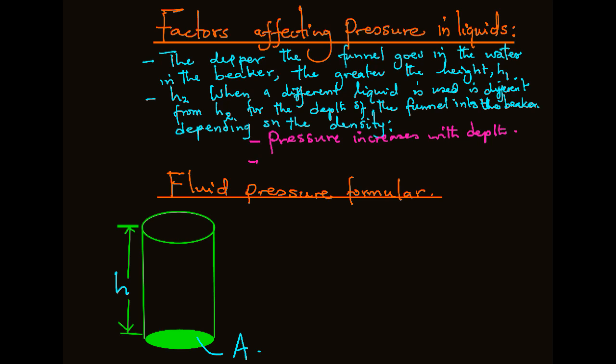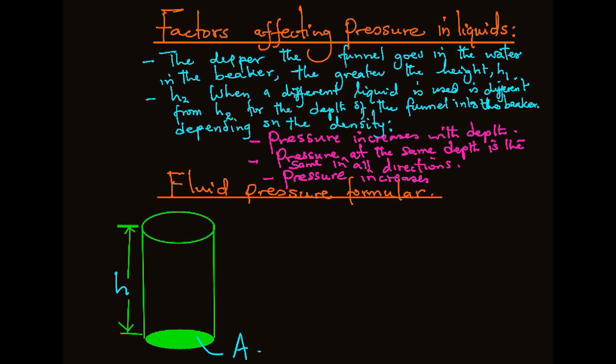Pressure in a liquid at a particular depth is the same in all directions. Then number 3, pressure increases with the density of the liquid.